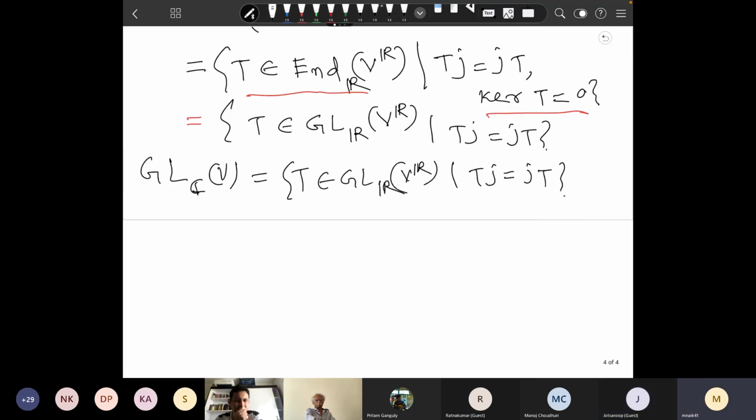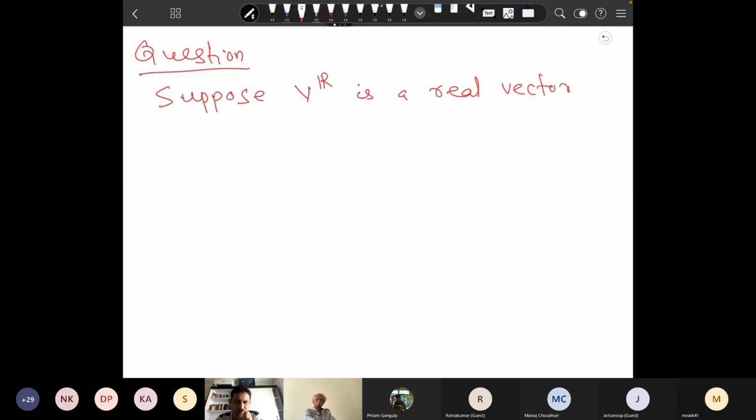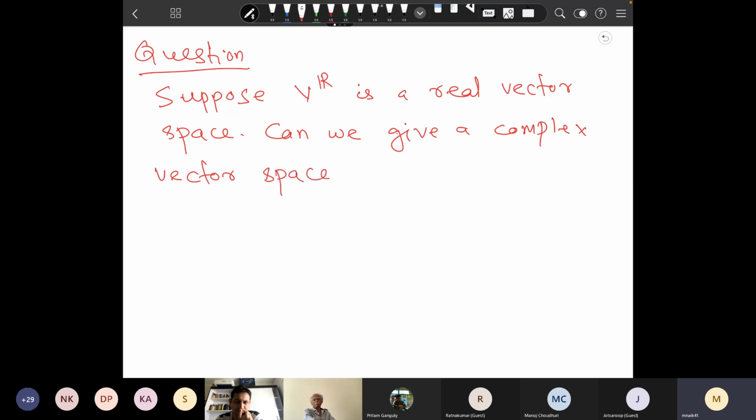Yeah. Okay. Now suppose I ask this question. Suppose V_R is a real vector space. Can we give a complex vector space structure on V_R?